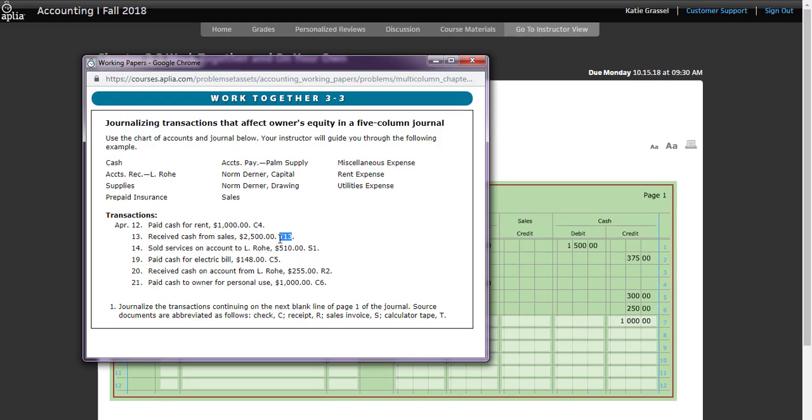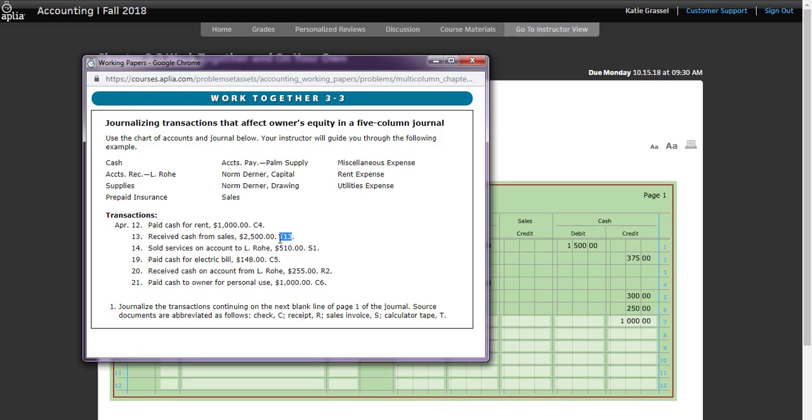No. For me, that daily information is not going to be important, but for a month it would be. So for this example, our service business is going to go through weekly or bi-monthly and record their sales, and their source document is going to be a calculator tape.